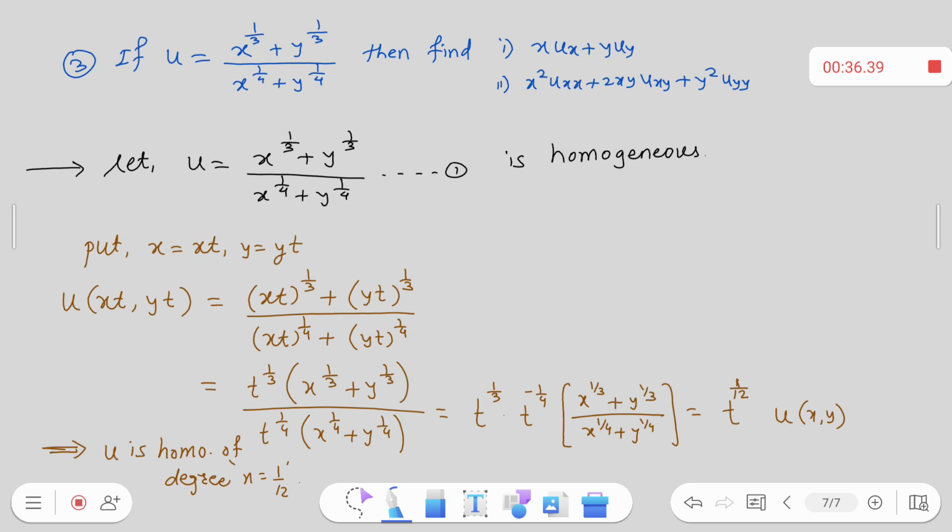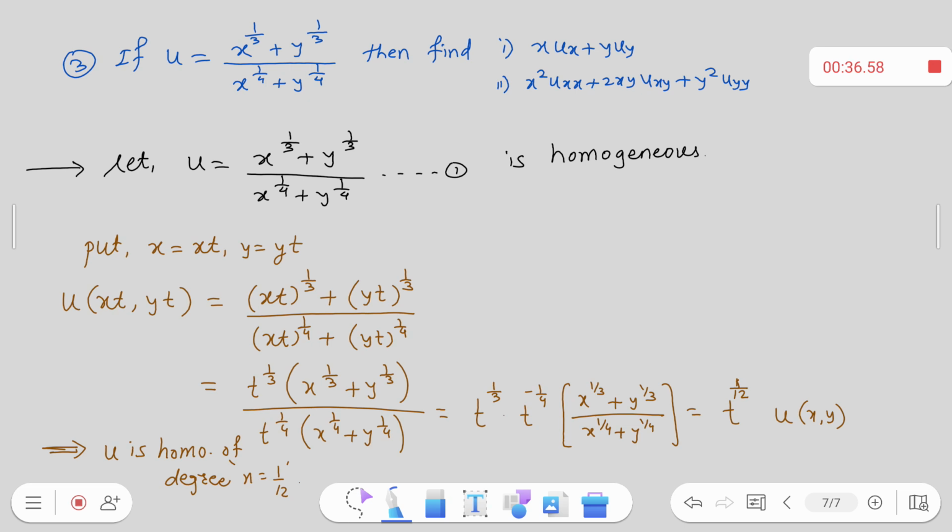Okay. So once we have the degree, use the statement directly. Which one will we use here: the first, second, third or fourth? The first statement, because u is homogeneous.